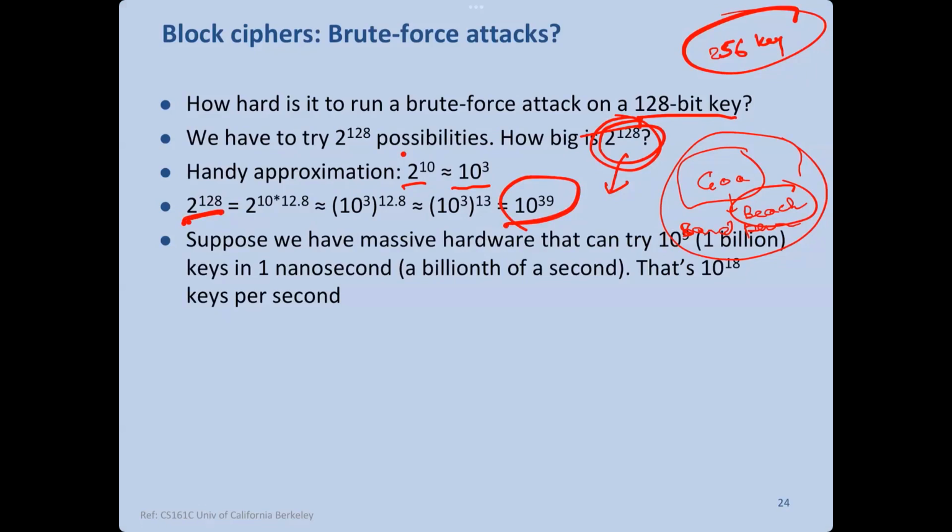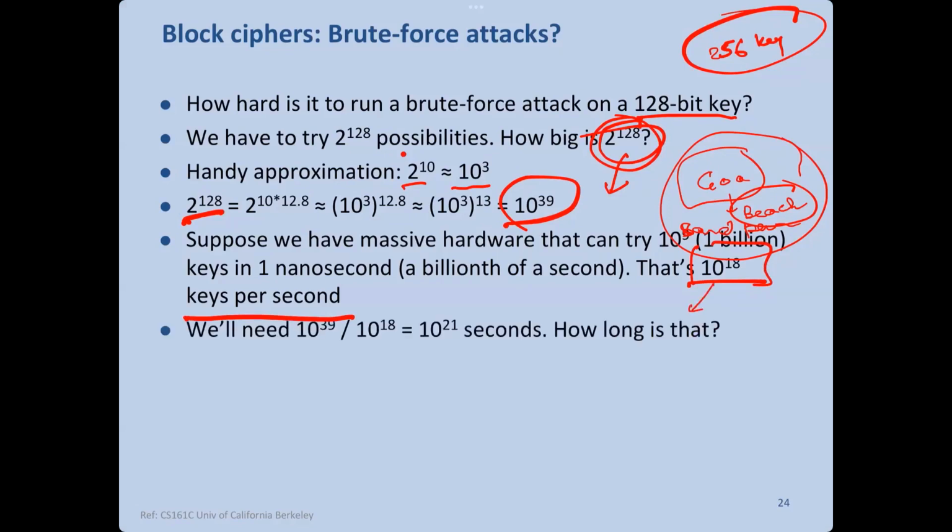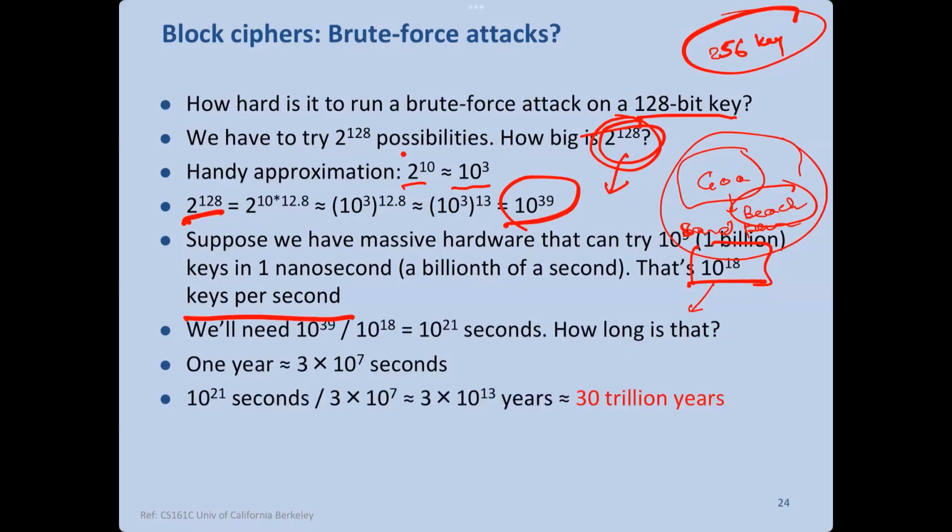It can try 1 billion keys in 1 nanosecond, that's 10 raised to the power 18 keys per second. This is the speed of operation of that hardware, and it is quite fast, right? Now we do this simple calculation: it takes about 30 trillion years using this hardware to break the key using the brute force attack that we have already studied, right?